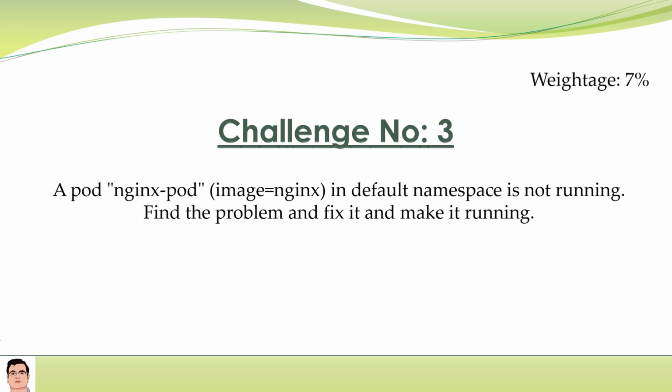There are several things, but when we describe the particular pod, it will give us the correct reason. If the reason is not available there, then we have to check the kube-scheduler, because the kube-scheduler has the responsibility to run the pods, and to tell why it's currently in error or in the pending state. We have to look into the problem, try to understand the problem and fix it, because this particular question has the weightage of 7%.